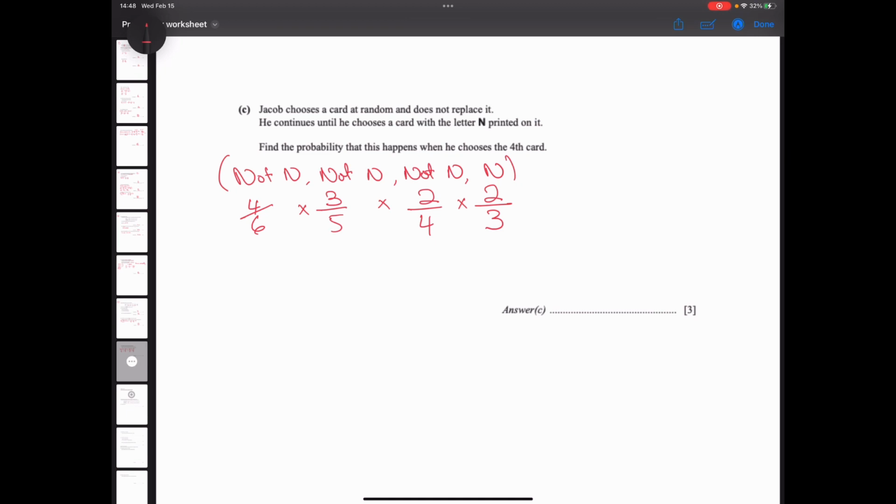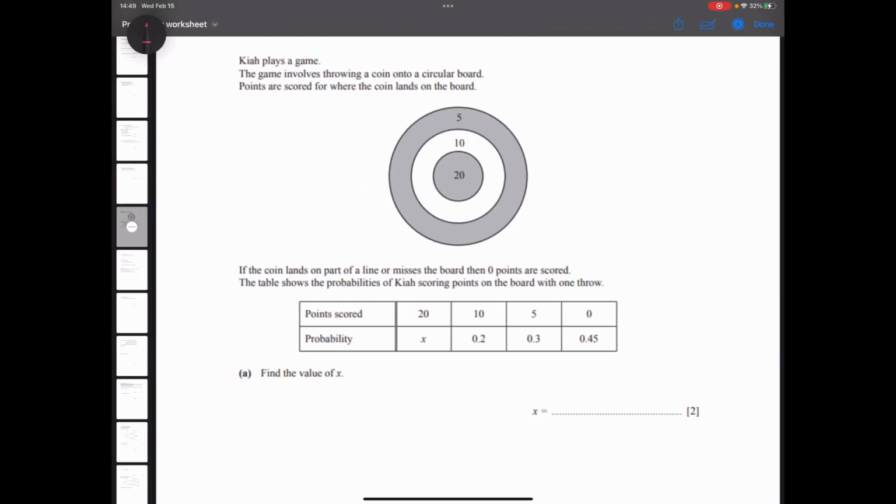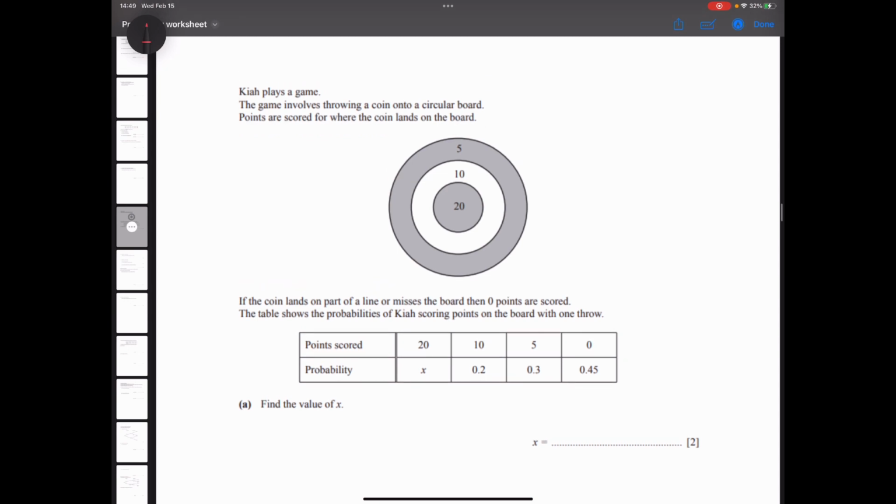So 4 times 3 is 12, 12 times 2 is 24, that's a 48 divided by 30, 120, 360. That was quick mathematics. Alright, in this coming question, I think this is, if I'm not mistaken, question number 5.